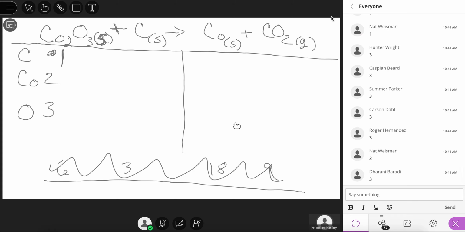All right. Now looking on the right, how many carbon do I have? 1. How many cobalt? Again, 1. And how many oxygen? 2.